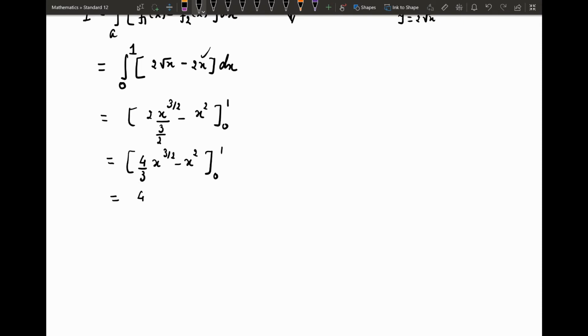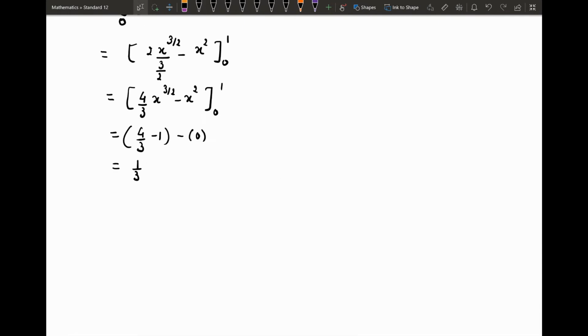First put the upper limit, minus put the lower limit. So 4 by 3 minus 1, so 1 by 3 square unit. So 1 by 3 square unit is the answer.